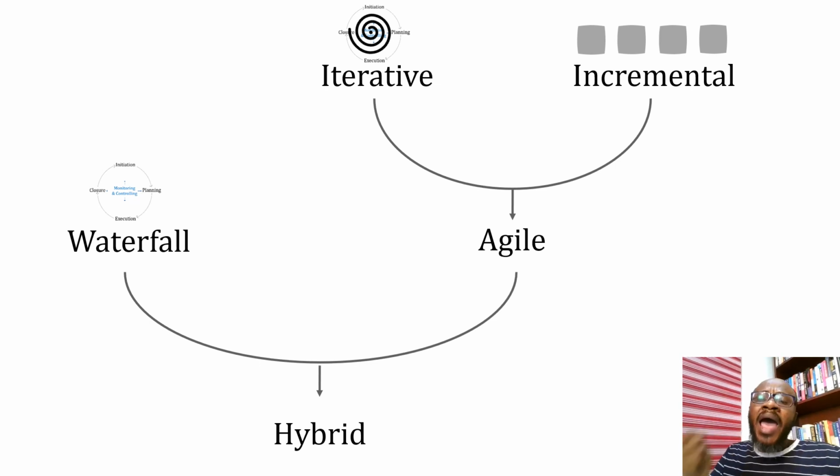Now, when we talk about empirical procedures, we are looking at a procedure that employs trial and experimentations in order to get to its final outcome. So when we talk about the iterative life cycle, it is a kind of life cycle that utilizes a lot of trials and experimentations in order to get it right.